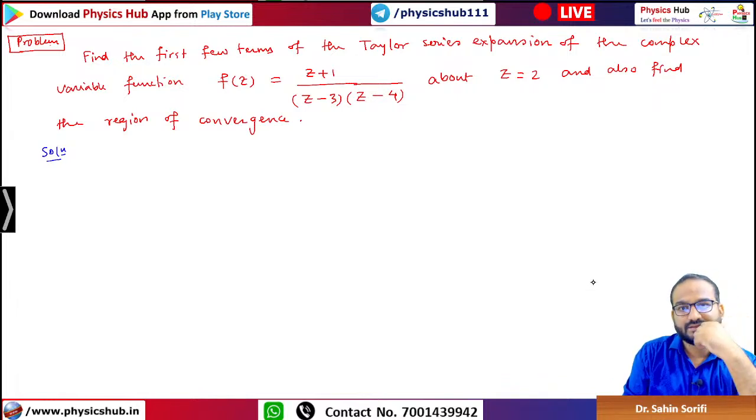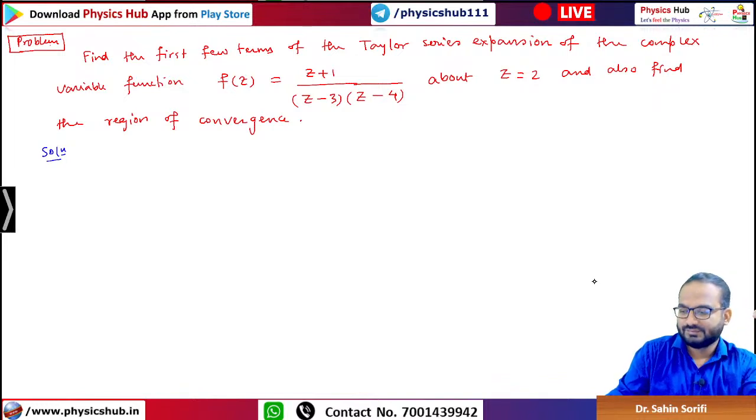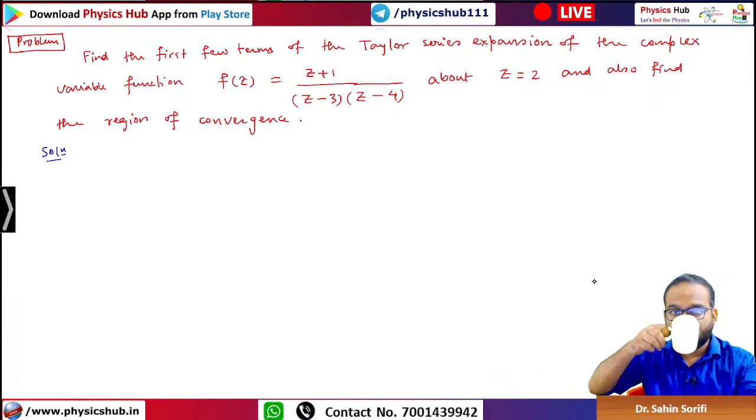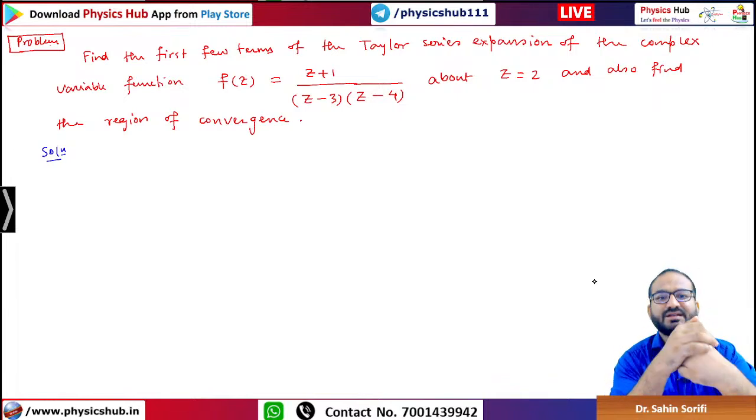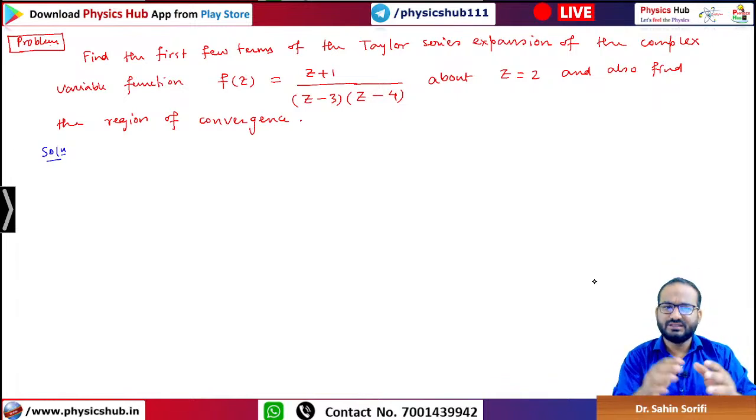Deep was asking this, na? Can you do it using the original Taylor series formula or not? So will you give it a try? Region of convergence means the region where this expansion will converge.